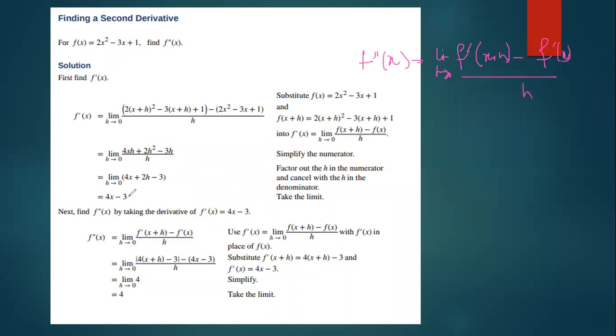So what is the value? It will be 4 into x plus h minus 3 minus this one. So after this, my answer is f double derivative of x equals 4.